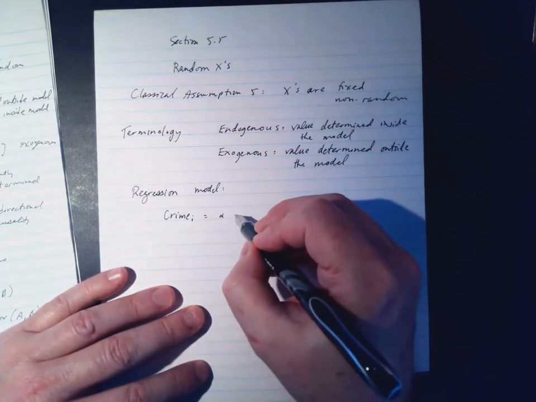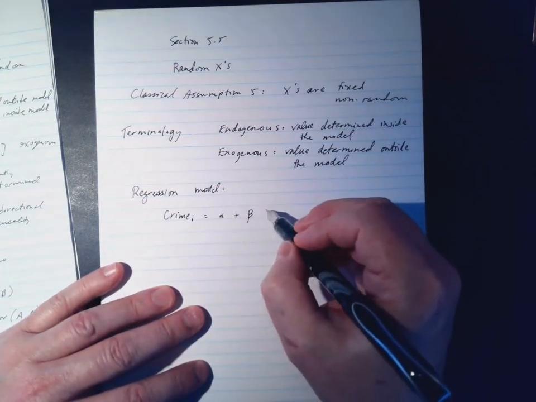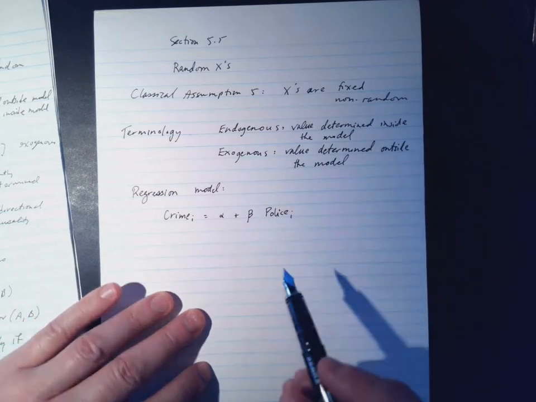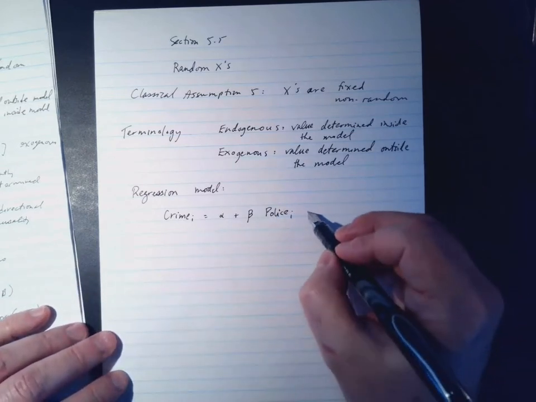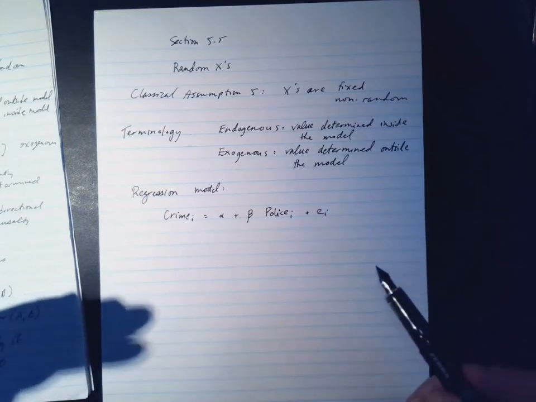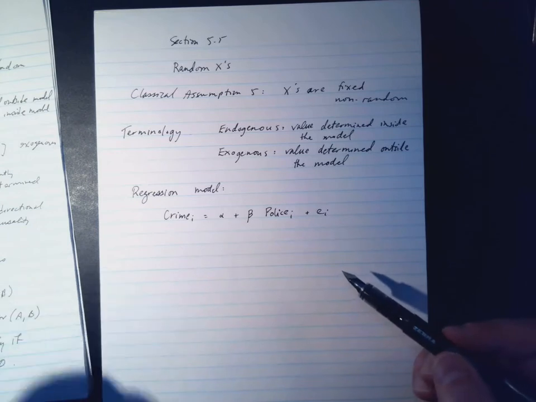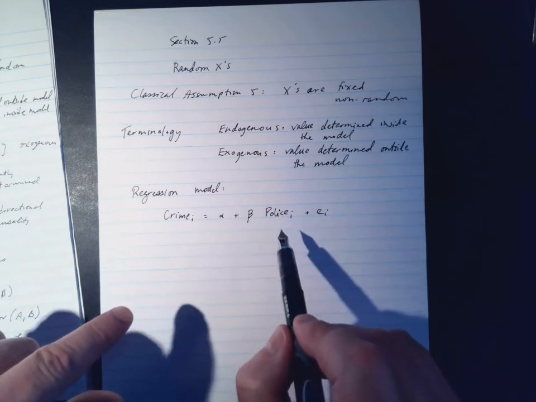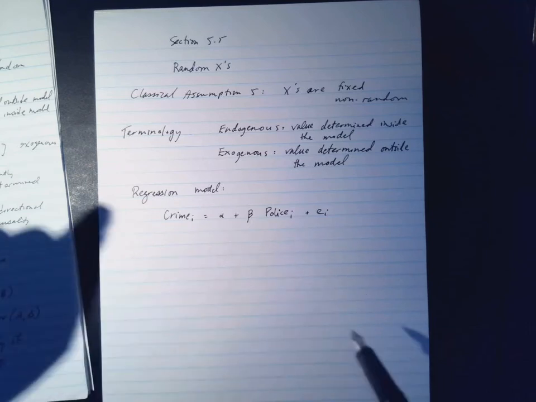And so we're going to run a regression that'll look like this. So we've got crime rate and we've got the number of police. And our expectation is there should be an inverse relationship. That the more police there are in a city district, the crime rate should go down.